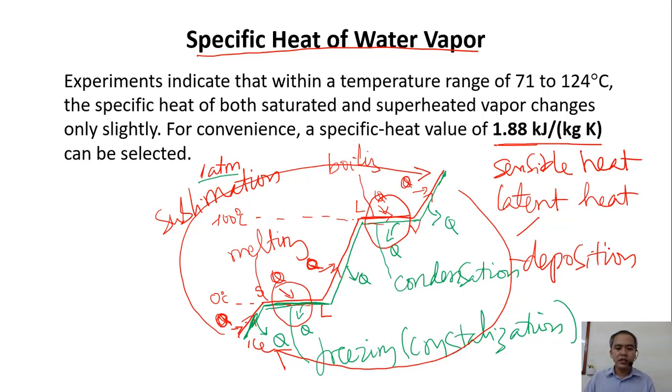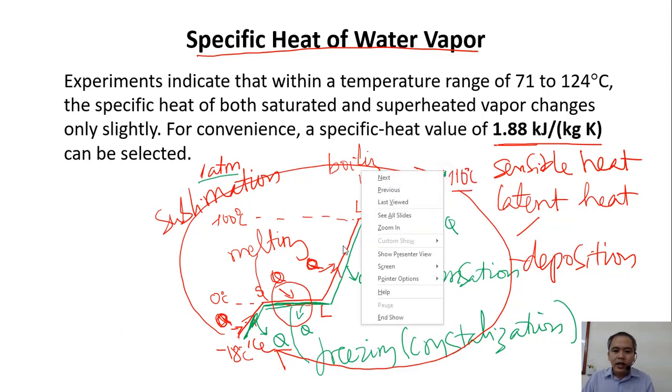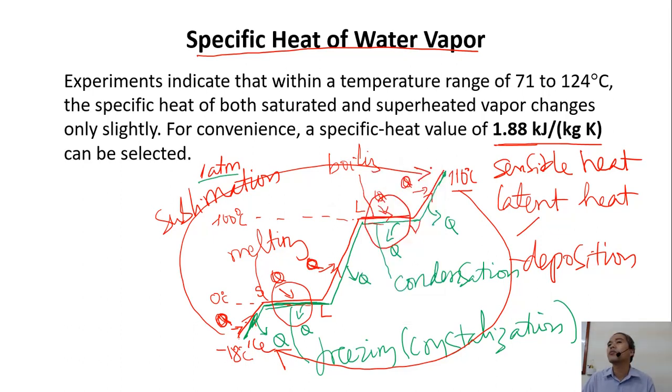Now we just review a little bit further how to calculate the total energy that you need to supply to increase the temperature from, for example, minus 18 degrees C up to 110 degrees C at atmospheric pressure. How to calculate the total energy? You need to calculate the energy for each stage, each period, and then you just sum up all.